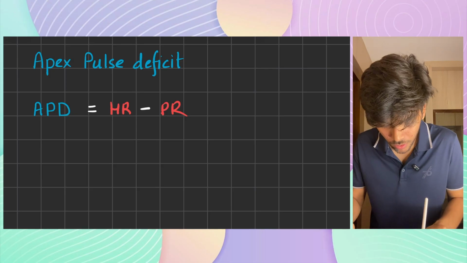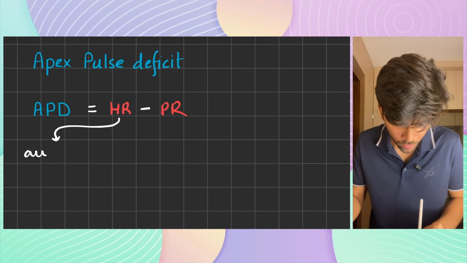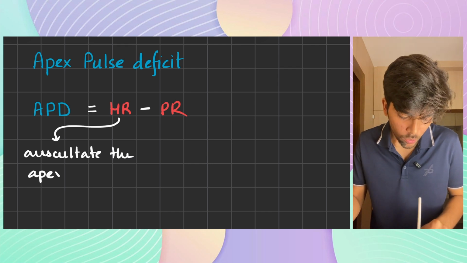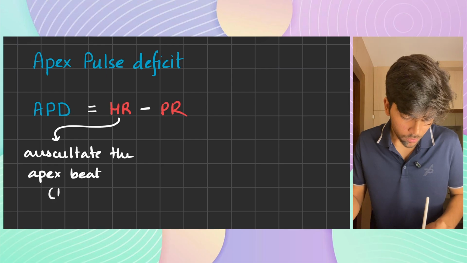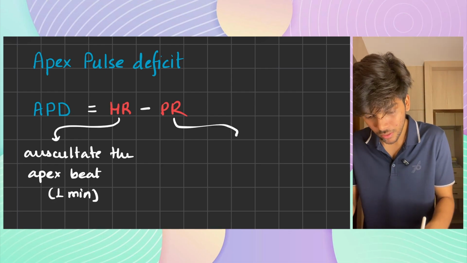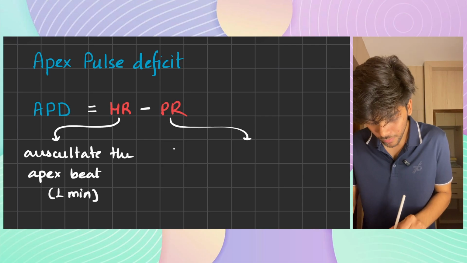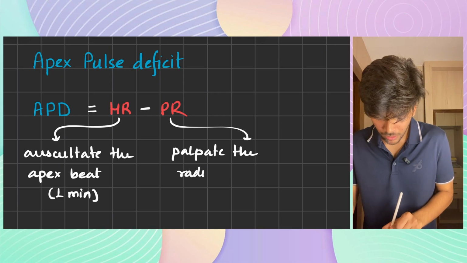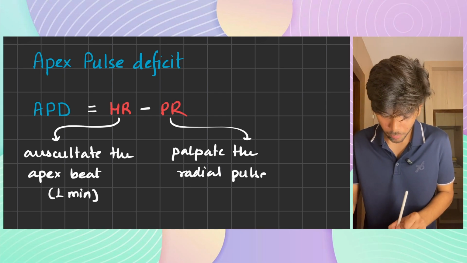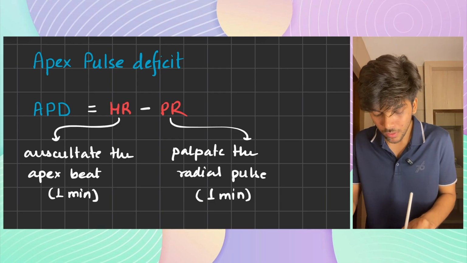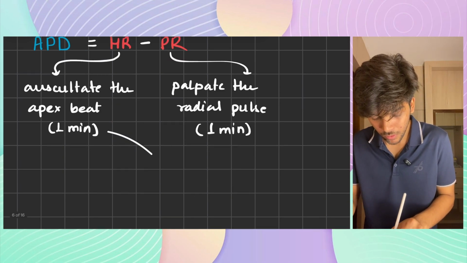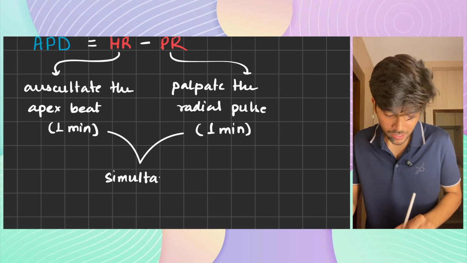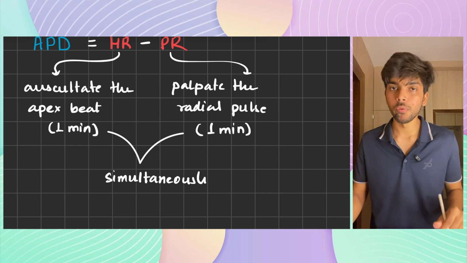One individual will auscultate the apex beat and calculate heart rate, and another individual is going to palpate the radial pulse and calculate the pulse rate, both simultaneously. And then you can subtract pulse rate from heart rate, and that will give you apex pulse deficit.